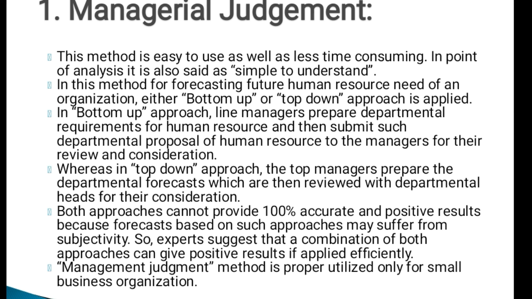In point of analysis, it is also said that it is simple to understand. In this method, for forecasting the future HR need of an organization, either a bottom up or top down approach is used. So the HR manager needs to apply either of the approaches, bottom up or top down. The name itself suggests the explanation.